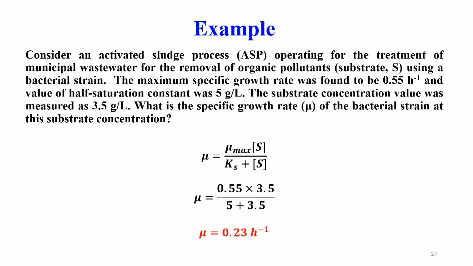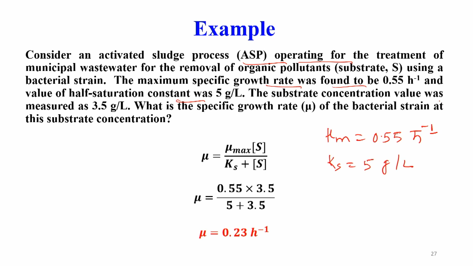Now, we will see two quick examples. First, consider an activated sludge process operating for the treatment of municipal wastewater for the removal of organic pollutant using a bacterial strain. Maximum specific growth rate was found to be 0.55 hour inverse, so mu max is 0.55 hour inverse, and the value of half saturation constant Ks was 5 gram per liter.